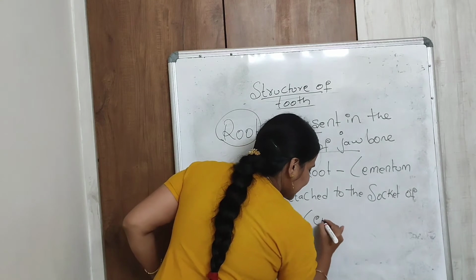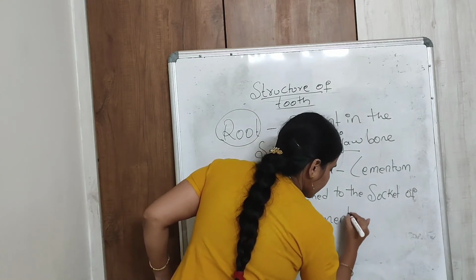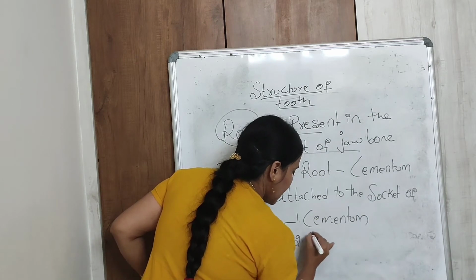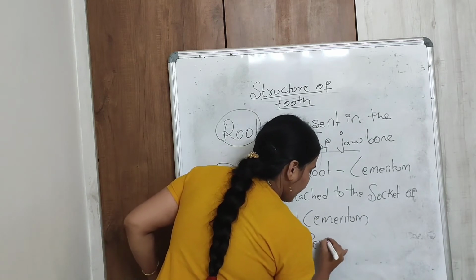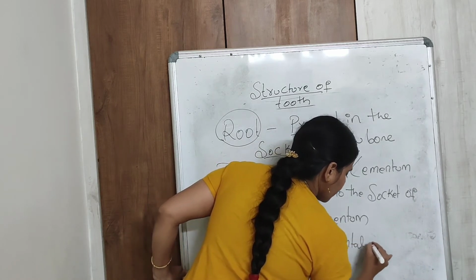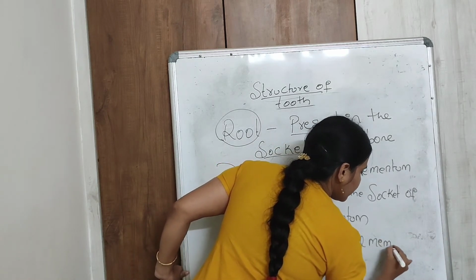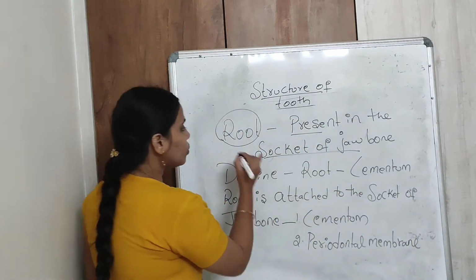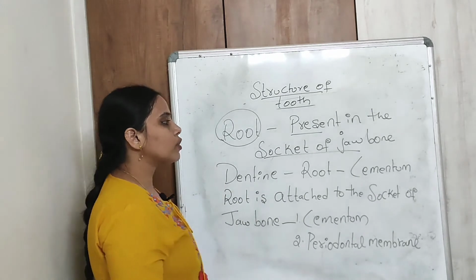By cementum and another membrane also, children, that is the periodontal membrane. So with the help of these two membranes, the root is attached to the socket of the jawbone.